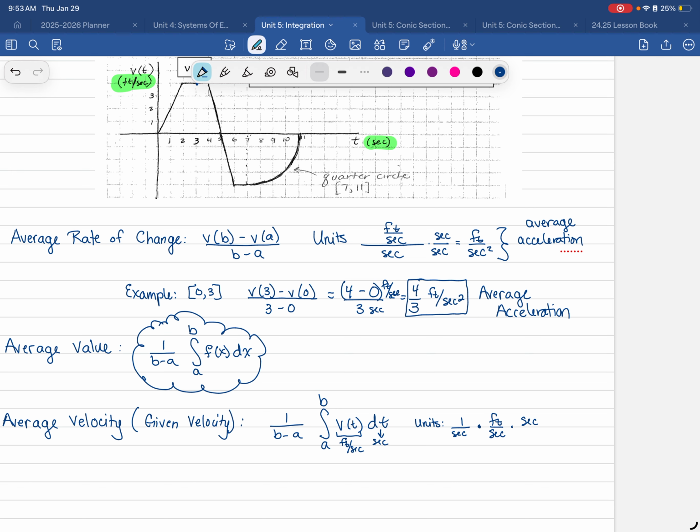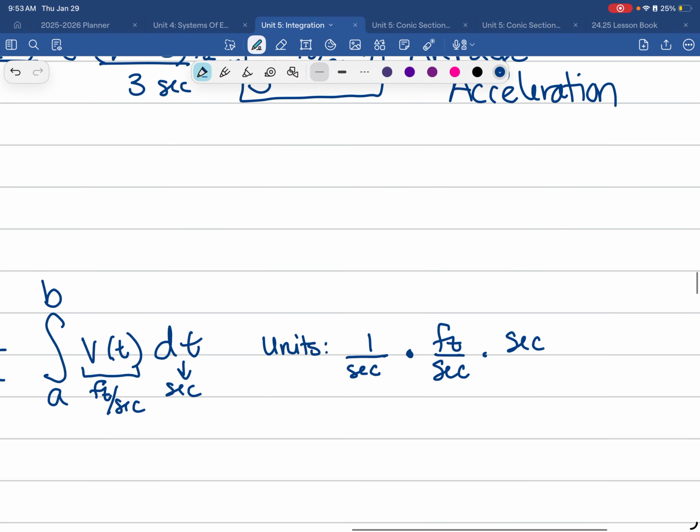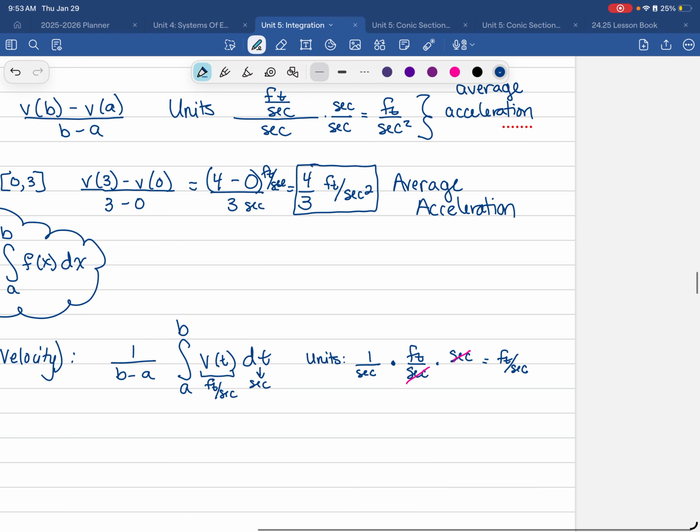And again, we've just been adding all of those up. So if we take a look at this dimensional analysis, my seconds cancel out, right? And so I'm left with feet per second. So this function is talking about an average velocity because the units I get out for that are actually velocity.